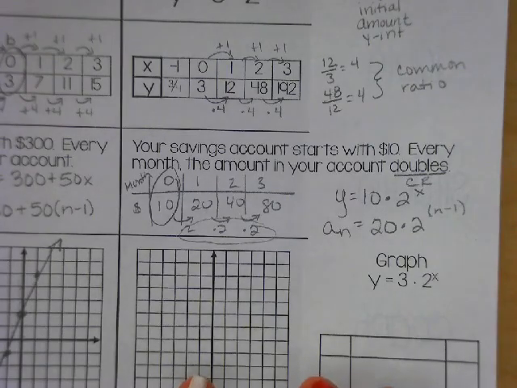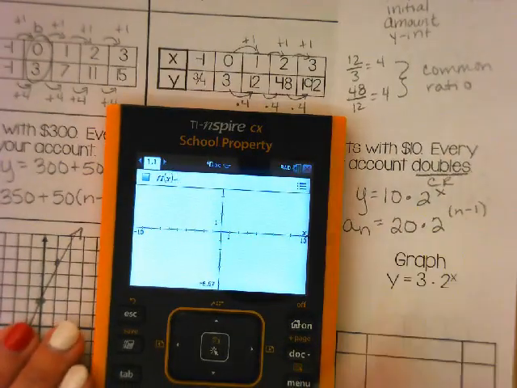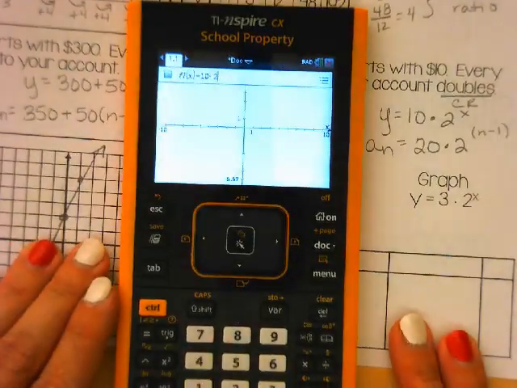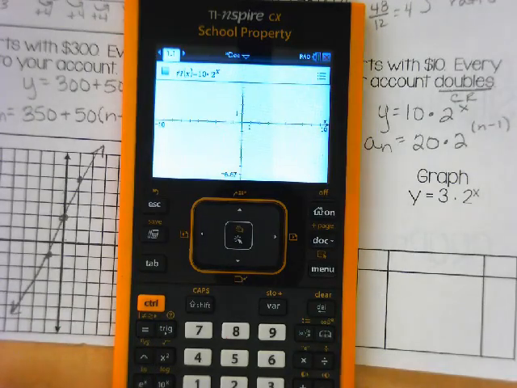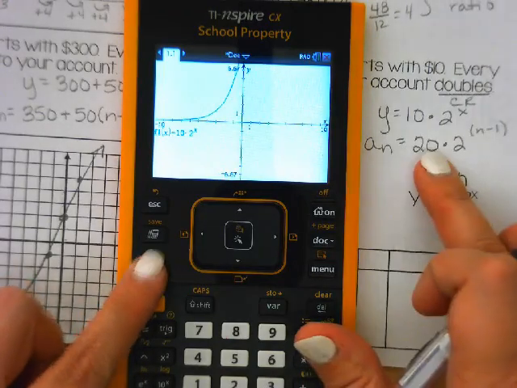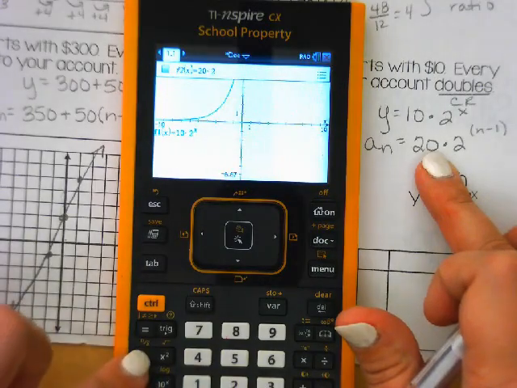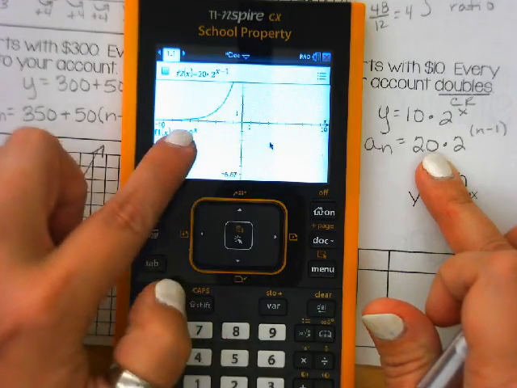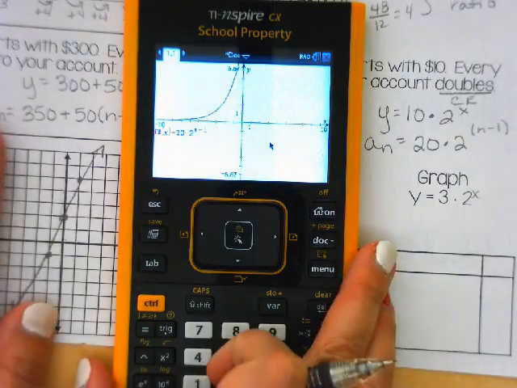If you were to go to your calculator and create a graph of both of these, 10 times 2, and to get that exponent, if you don't remember, you have this little caret below the equals, to the x power. As you can see, this is not going to be a straight line graph. We can also graph this one, 20 times 2, again with that little caret, but now I'm going to use x minus 1. It does overlap, it is the same line, but I want you to see that they do simplify to be the same thing.